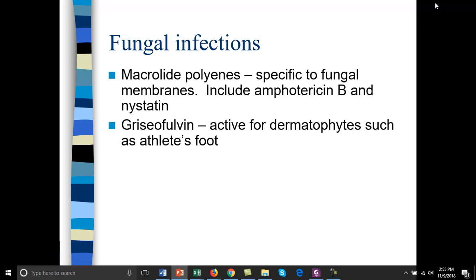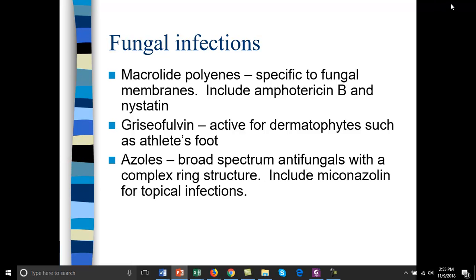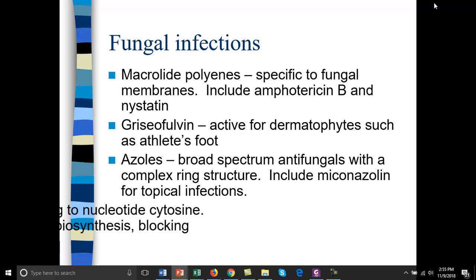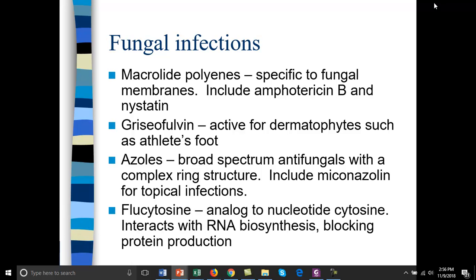Griseofulvin is active for athlete's foot. And then azoles like miconazole, which is good for topical infections like jock itch. Okay, and then flucytosine. This does not attack the fungal membrane.